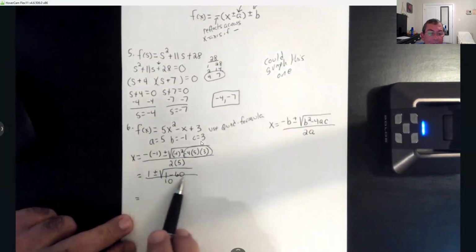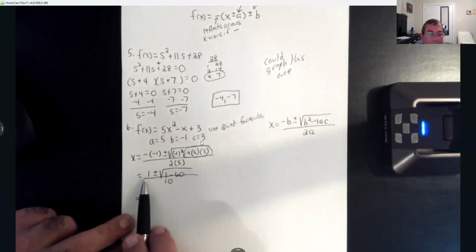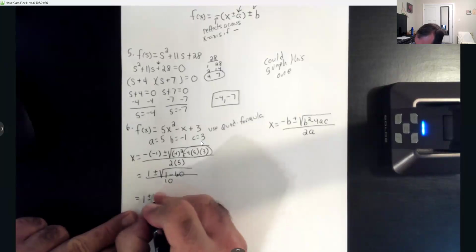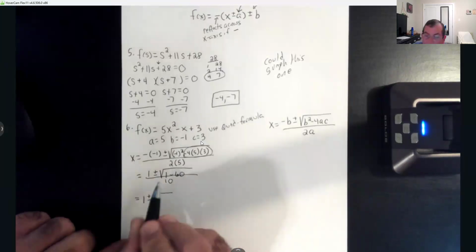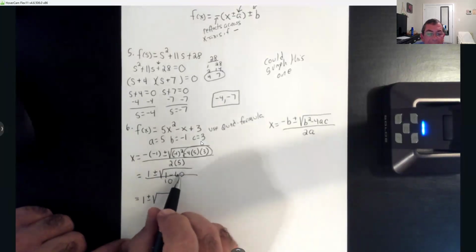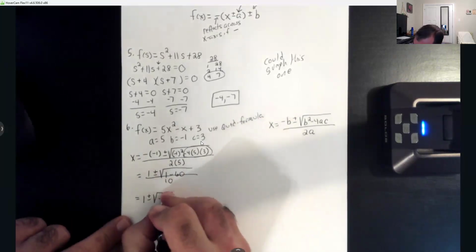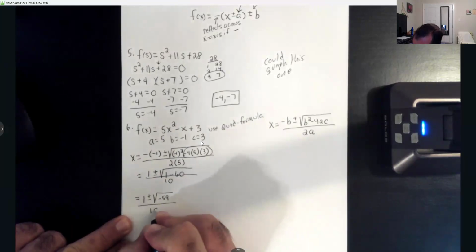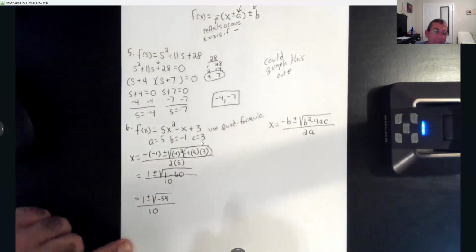All right, so we still can work a little bit under that radical. So bring down that 1 plus or minus square root. Well, 1 minus 60 gives me a -59 all over 10.